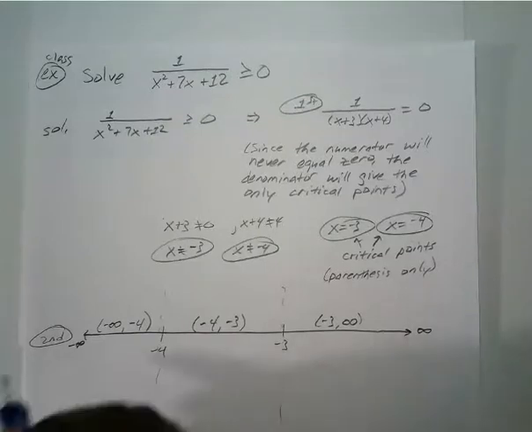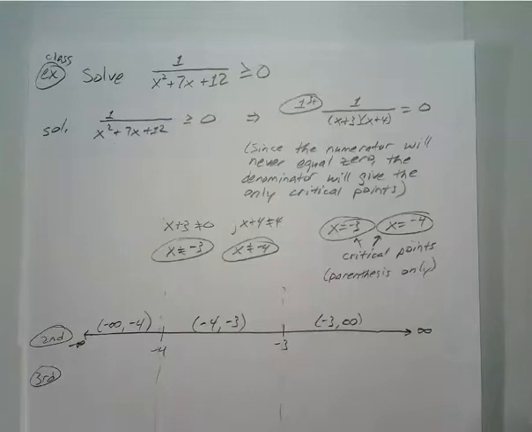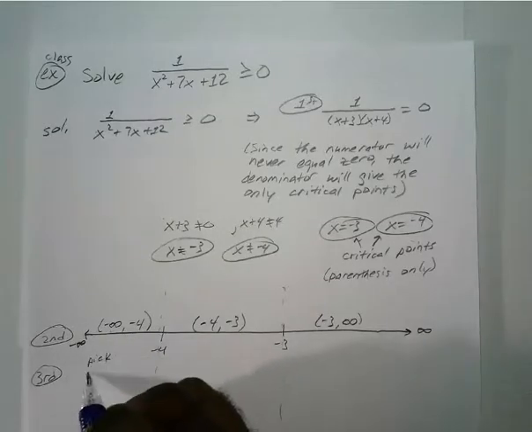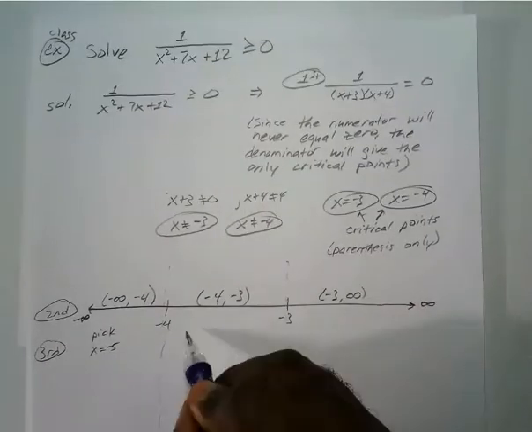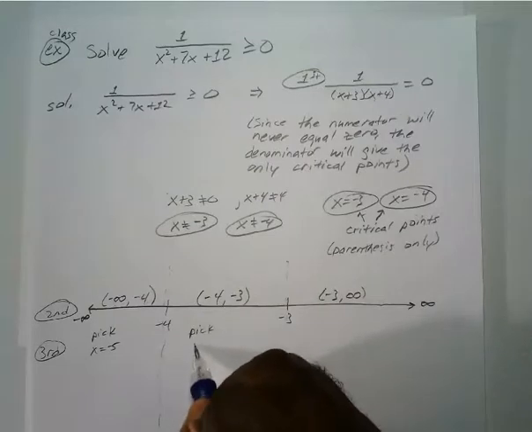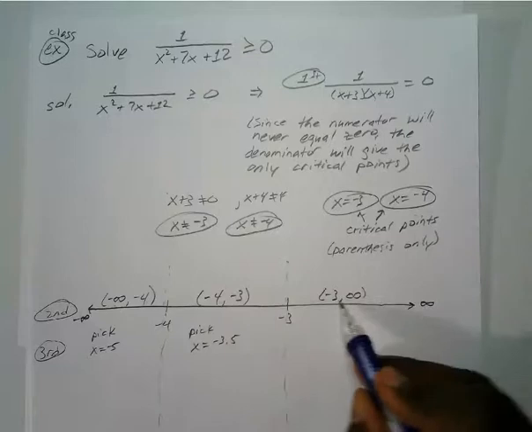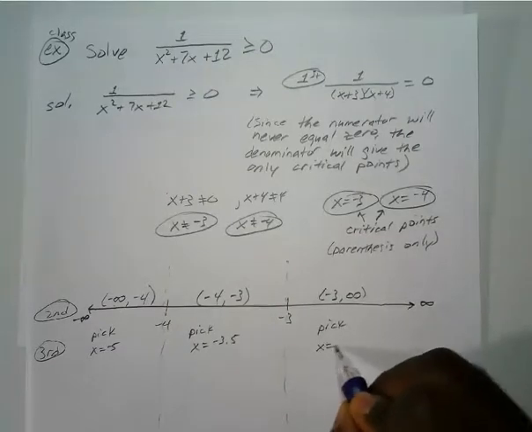All right, so again, we go to our third step where we pick our test values. From negative infinity to negative 4, we're going to pick x equals negative 5. From negative 4 to negative 3, we're going to pick x equals negative 3.5. From negative 3 to infinity, we're going to pick our old reliable x equals 0.